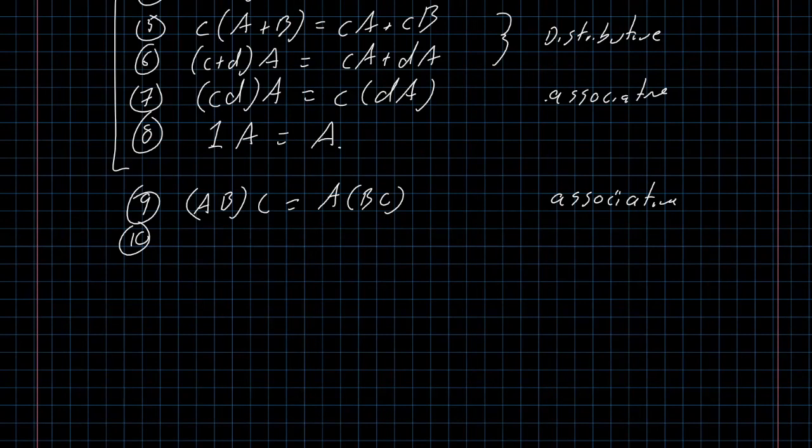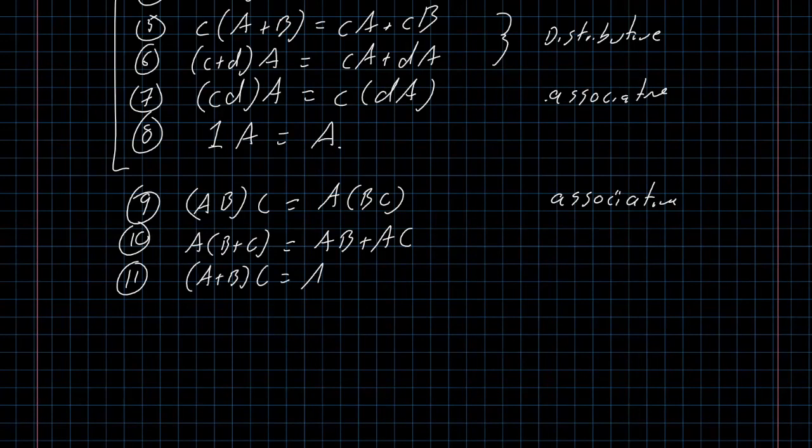We have to set up the distributive property in both directions, because unlike the distributive property for real numbers, multiplying on the left and multiplying on the right are different things for multiplying matrices. But we can still call both of those distributive properties.